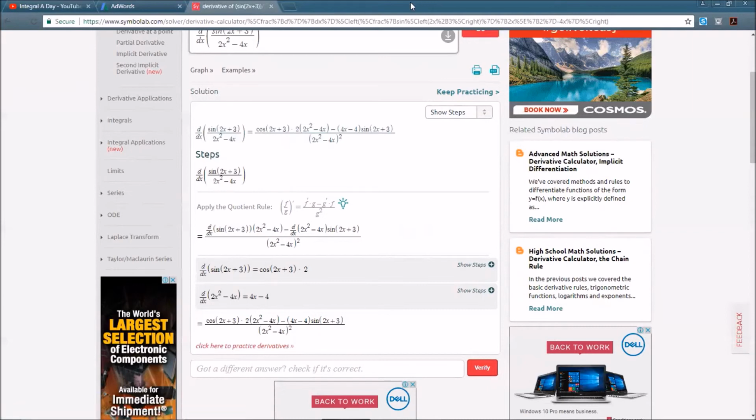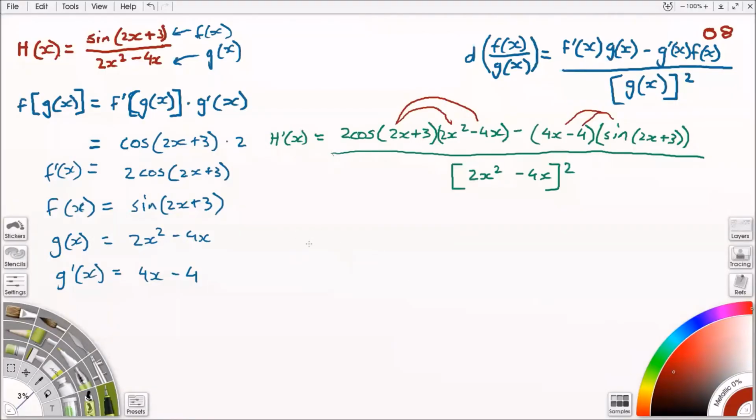Let's go back to the calculator, which came with the Wacom, and we get 2 cos 2x plus 3, 2x squared minus 4x minus 4x squared minus 4 sine 2x plus 3, 2x squared minus 4. Yeah, no, that's good. So according to SimpliLab, this is the right answer.